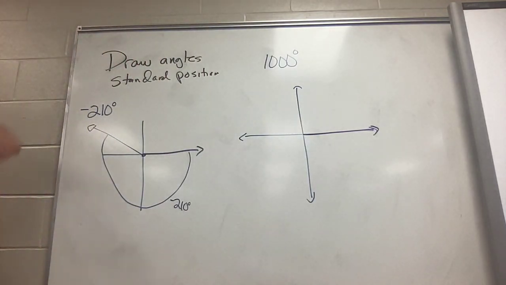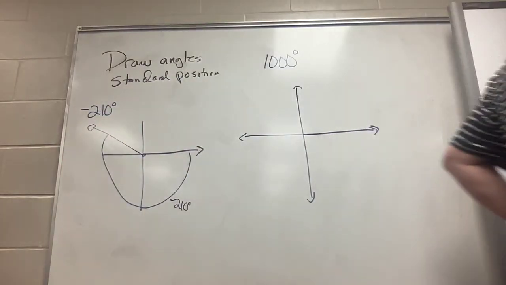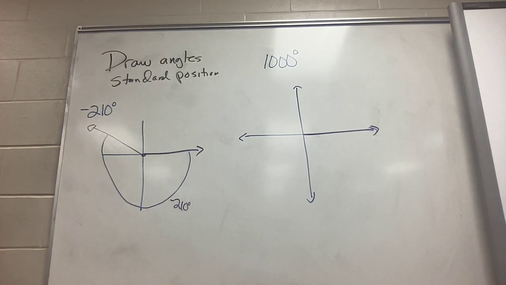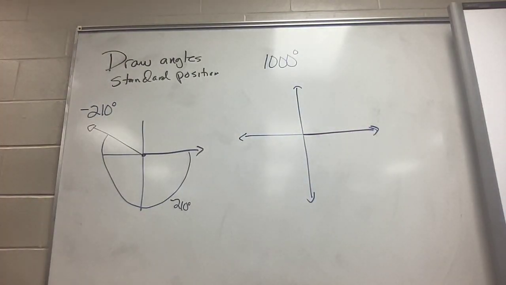All right, one time around is what? 360. Would you all go 1,000 minus 360? And what do you get? 640. Is 640 going to be still another whole time around? So take away another 360, please. And what do we get? 280. Okay, so please look at how we draw this graph.